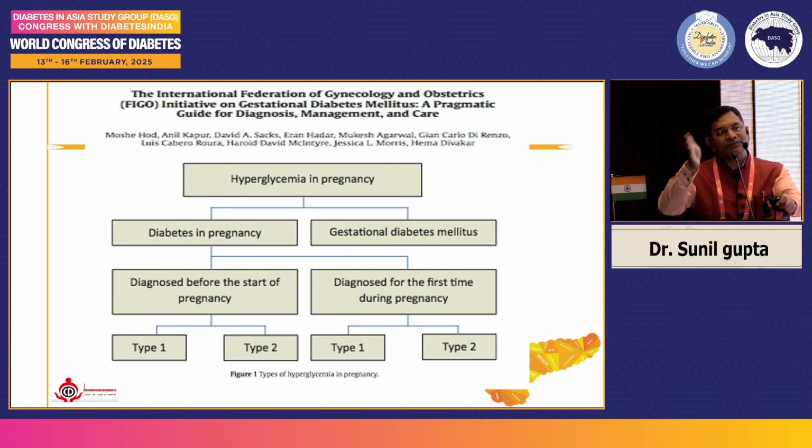Then they are known or pre-existing diabetes, but they have never tested it, and that is again DIP, because the treatment strategies change as per the classification of hyperglycemia and pregnancy.